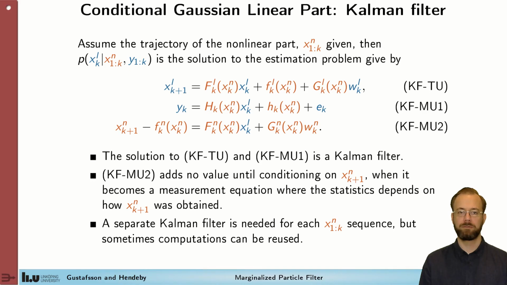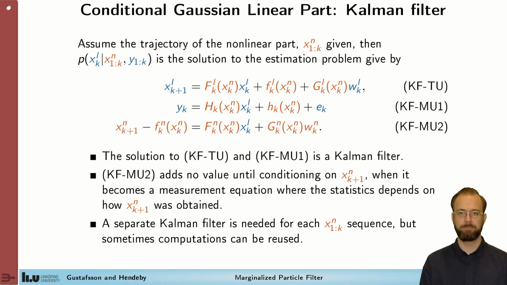Note that we need to run one Kalman filter per nonlinear state combination that we want to consider. This can be slightly expensive, but in many cases we can reduce the computational complexity by using a little bit more structure.